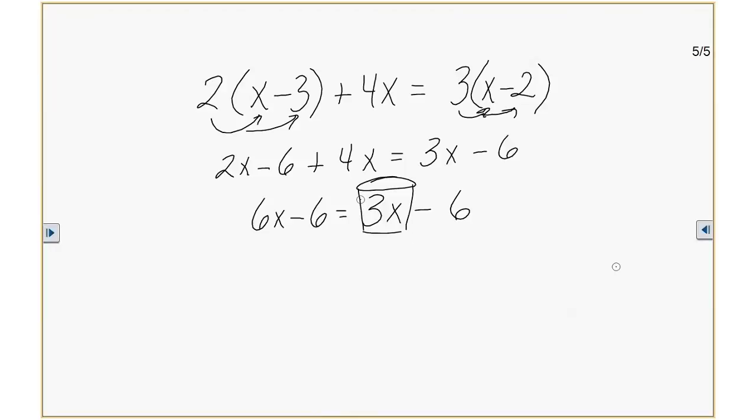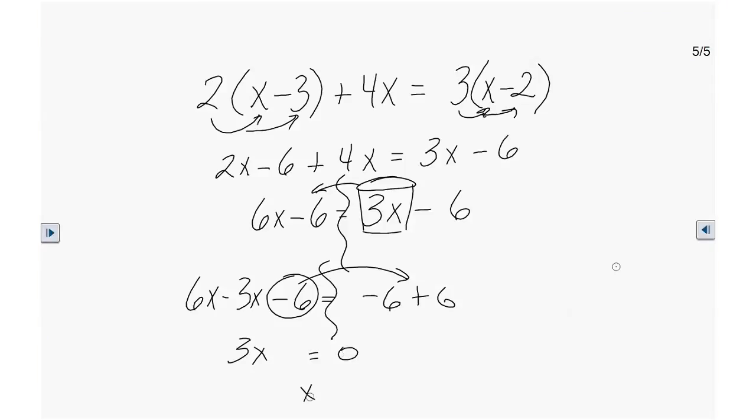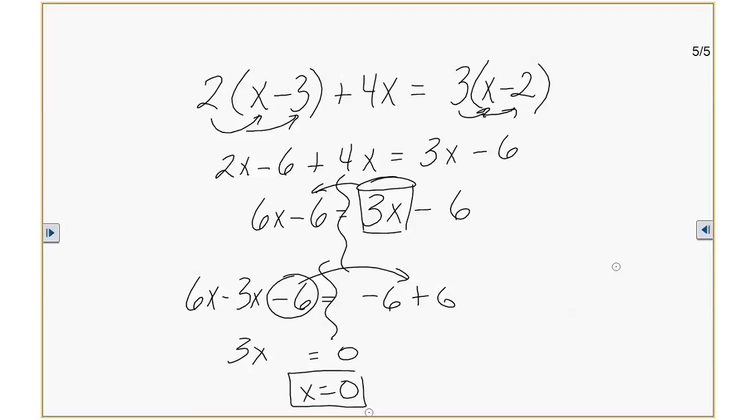I'm going to take it across the river, and it becomes what? Minus 3x. So 3x minus 6 is equal to negative 6. And what's 6x minus 3x? And take that 6 across the river, what does it become? So x is equal to 0. That's all there is to it.